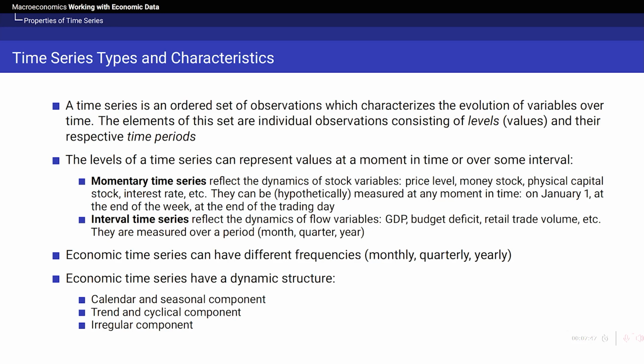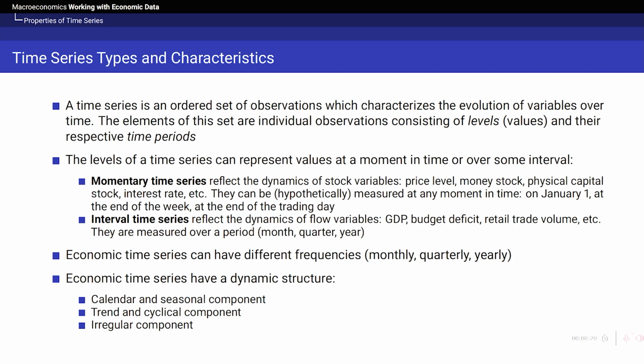levels. As you know, all economic variables can be classified as either stock or flow variables. Stock variables represent a measurement of some phenomenon at a particular moment in time, at the end of the month, on January the 1st, etc. A time series containing values of a stock variable is called a momentary time series. Flow variables, on the other hand, describe a phenomenon over some period of time, a month, a quarter, a year.